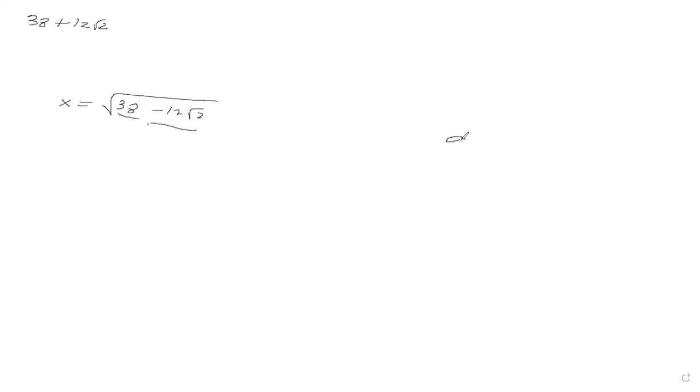Look, if I had a plus b root 7, for instance, that's not a nice thing to work with. But if you create a minus b times root 7, and if you multiply these two, you get a difference of 2 squares.